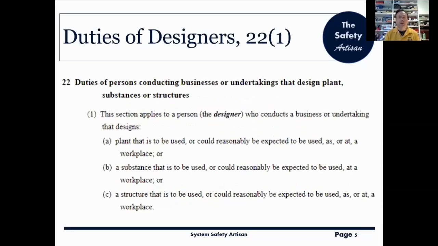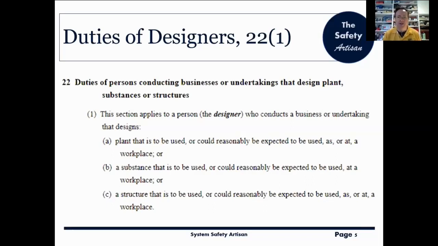So moving on, look, we've jumped from section 19 to section 22, and we're now talking about the duties of designers. Well, this doesn't sound like occupational health and safety, does it? So we look at the duties of persons, PCBUs, who design plant, substances or structures. Okay, so we're talking industrial plant.